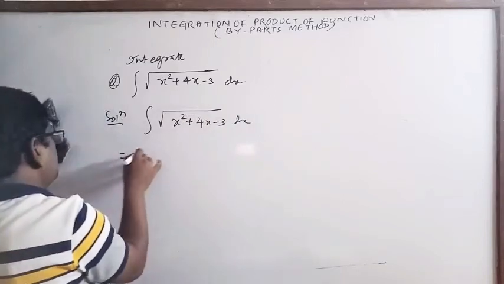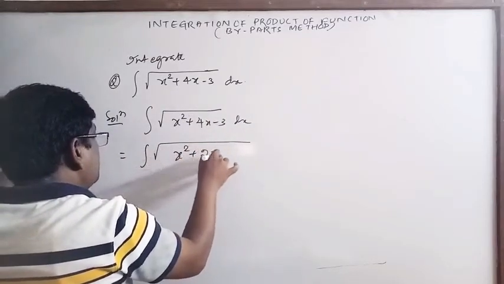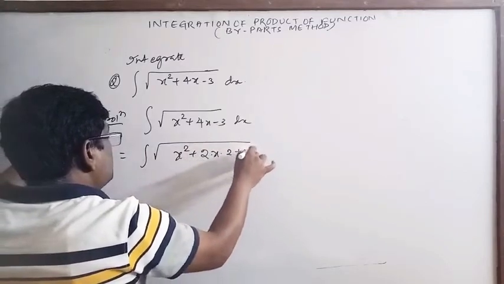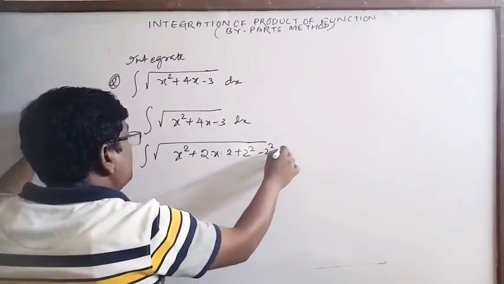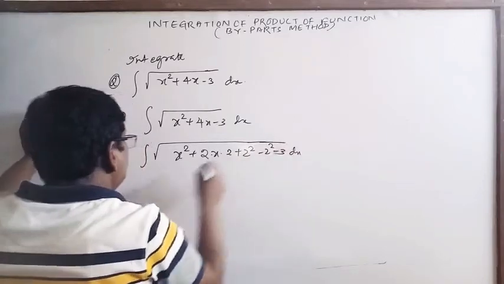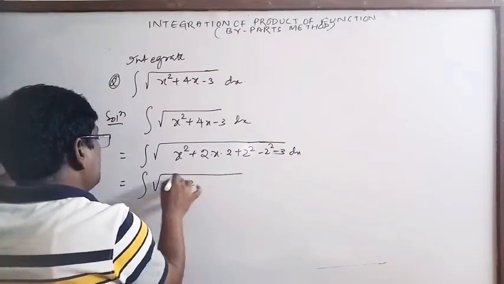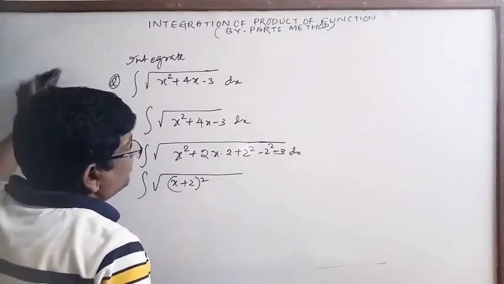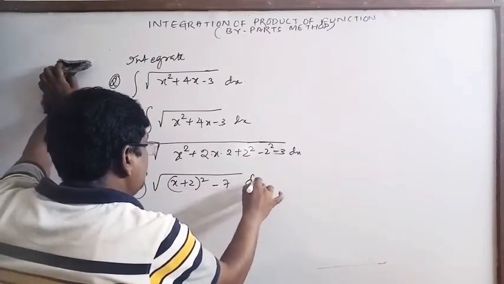Make it a perfect square: x square plus 2 into x into 2 plus 2 square minus 2 square minus 3, dx. So this is equal to integration root over x plus 2 whole square minus 4 minus 3, that is minus 7, dx.